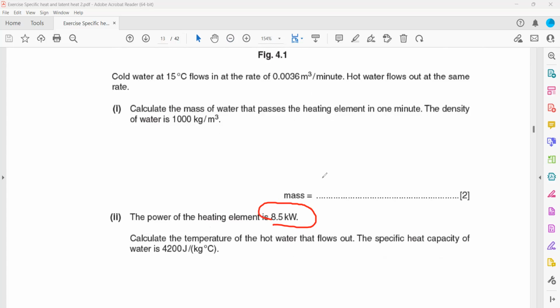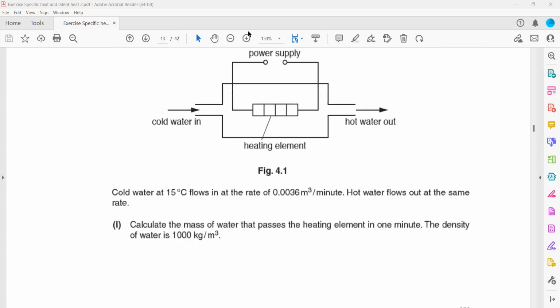Calculate the temperature of the hot water. We want the final temperature of the hot water. The starting temperature was 15. At what temperature is the water coming out from this heater? Because it's every minute, in 1 minute, how much temperature change happens from 15.